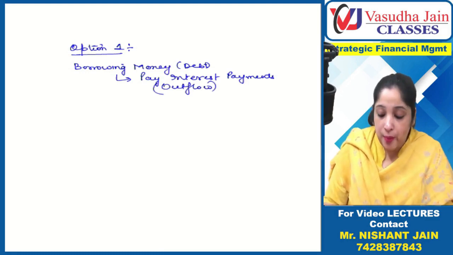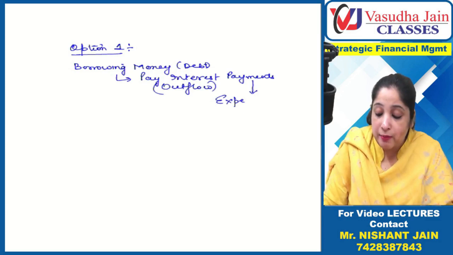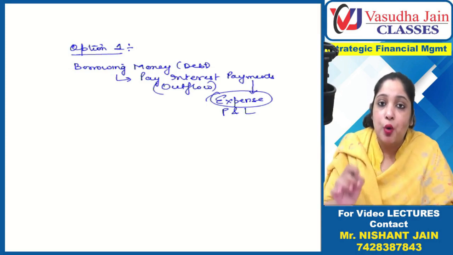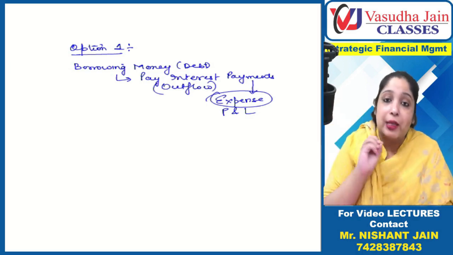But interest payment is an expense which can be shown in the profit and loss account. And expense is a beautiful thing, because when you show an expense in the profit and loss account, your profit gets reduced and you save tax on it.